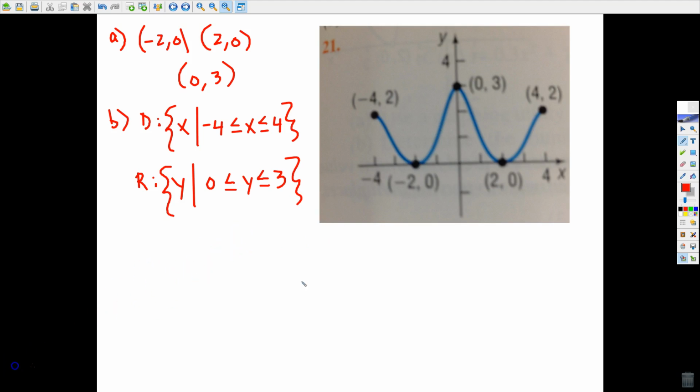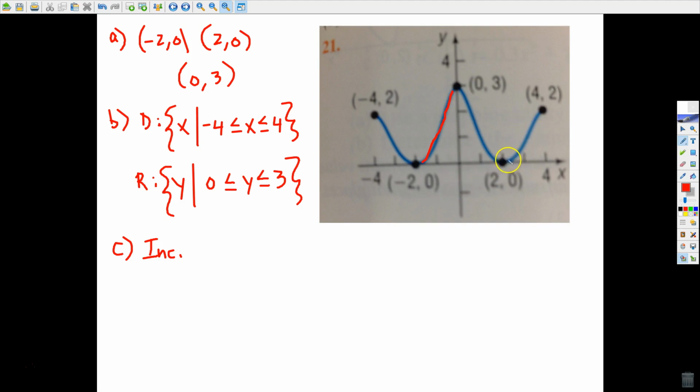Okay, so we found the intercepts, we've found the domain and range, and now the next part, letter C, is to identify the intervals on which the function is increasing, decreasing, or constant. And so let's just take increasing. Do you notice that in this area that I'm marking in red, the function is increasing?